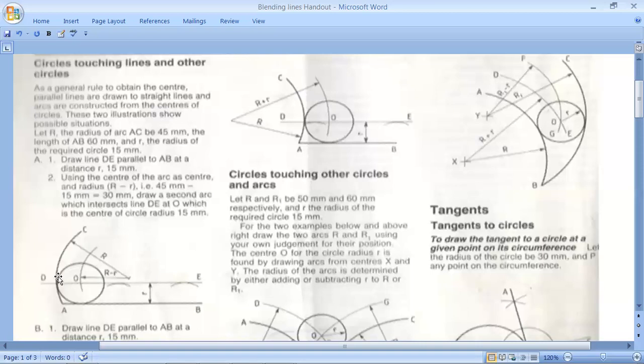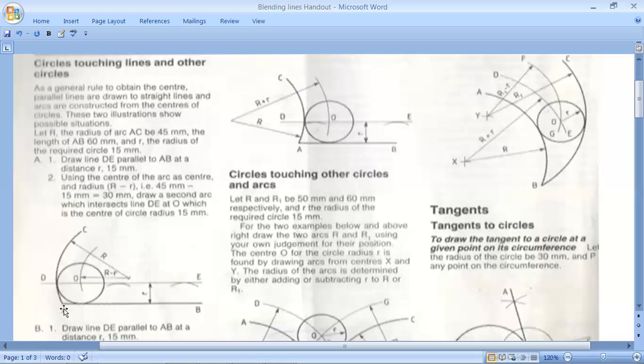When you know the radius, the first thing you have to do is draw a horizontal line, this one, line DE, parallel to the line given.